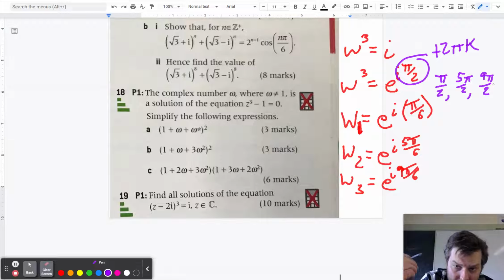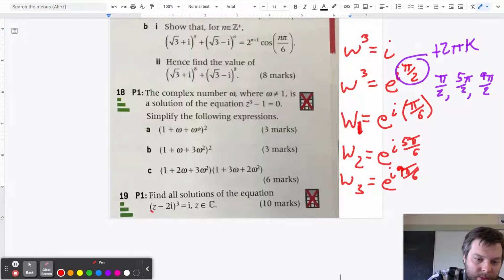And so what I know now is that z − 2i has to equal w1, w2, and w3.